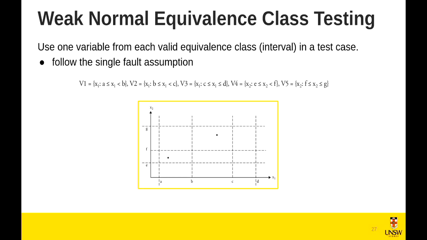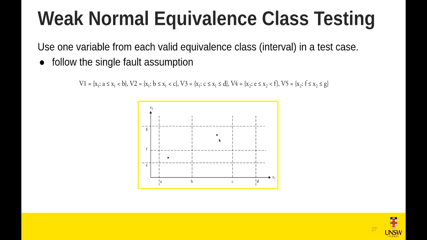So for x1, we can select a value from A and B. Actually, we can take the point here as well. We can put a point here, but that will give us a test case that covers G and F for x2. And let's assume we put a point here.